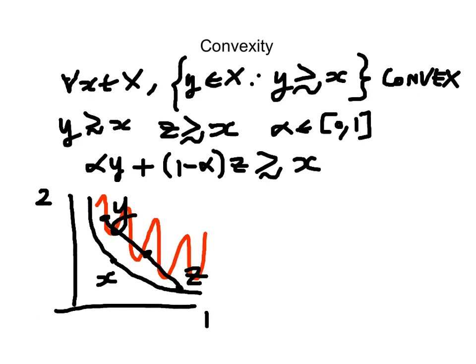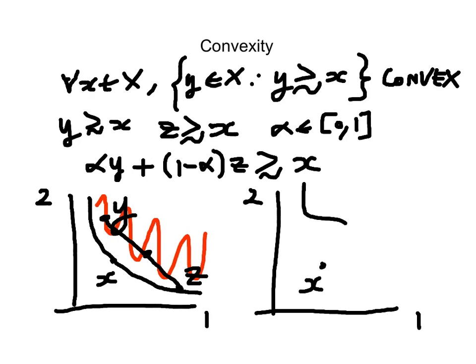What would a non-convex upper contour set look like? Well, depending on the shape of my indifference surface, if my indifference surface was something like this, for example, okay, and here is my upper contour set, all here.